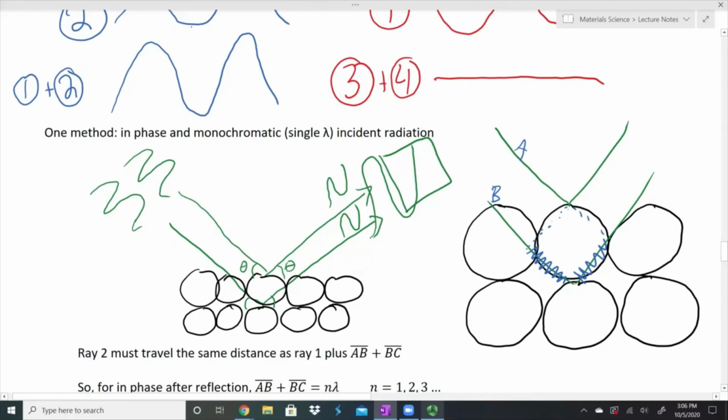Because they're cut off perpendicular right here. So A and B have the same length, which means A prime and B prime, the reflection, have the same length to the detector over here.